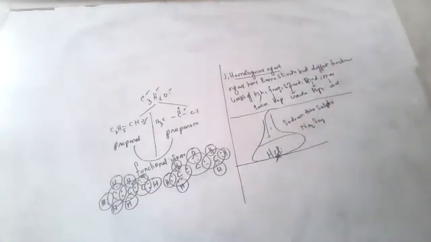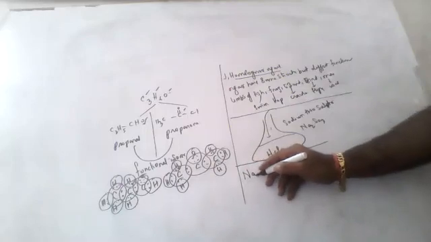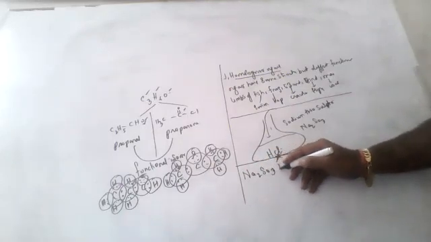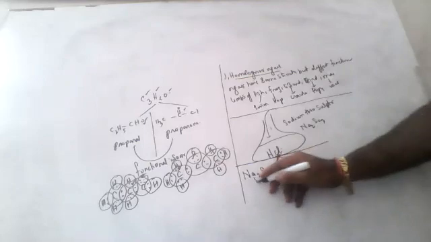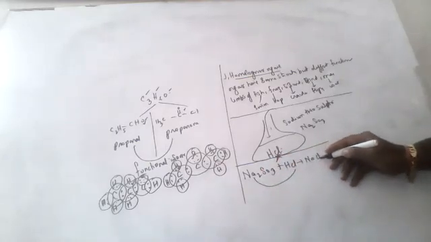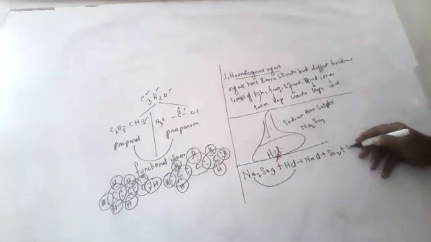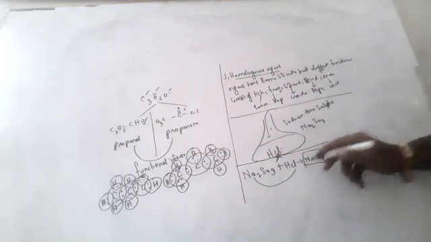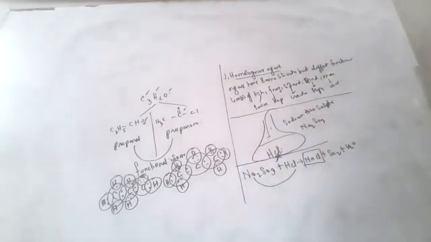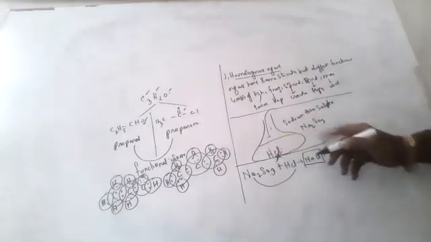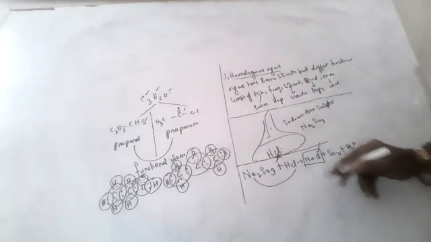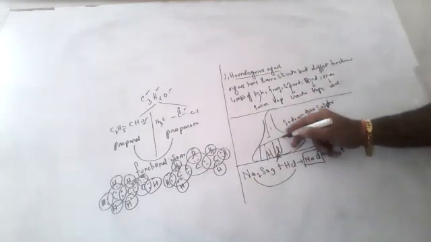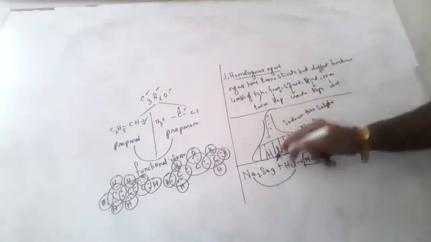Sodium thiosulfate reacts with HCl and you get NaCl plus SO2 plus H2O. An insoluble precipitate is formed in the liquid, and therefore the liquid became hazy. And therefore that student could not see the cross mark.